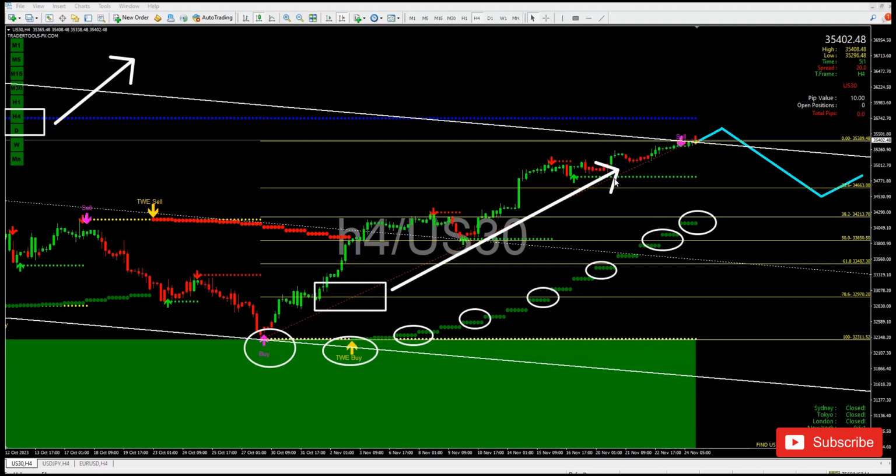This is my understanding for this week, guys. I believe the market is still gonna be pushing up, retesting this previous multiple time frame line here, which is your resistance. It's gonna come to your resistance, strong, boom, and then from there the market will be dropping all the way to between your 26 and your 38.6 Fibonacci level, and then it's gonna make a retracement and go in the original trend.